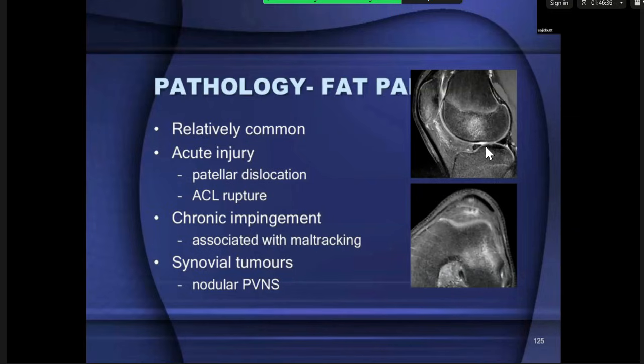Primary malignant tumors of the knee joint synovium are extremely rare. I've not seen any which primarily arise in the knee joint. I've seen tumors invading the joint from outside. That happens rarely. But for practical purposes, if you see a predominantly knee joint synovial mass, it's either going to be PVNS or it's going to be synovial chondromatosis. PVNS is far more common.